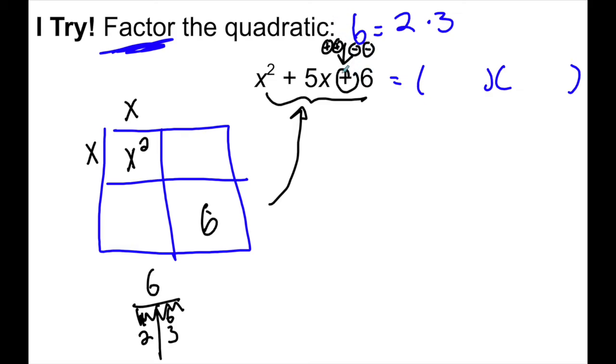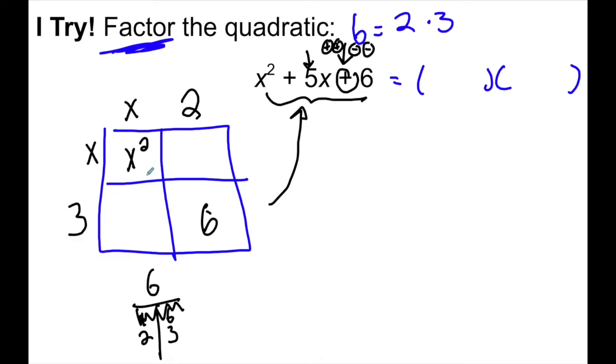But I also have to add those numbers to get the b value. And if the b value is positive, well, two negatives are not going to add to a positive. Two positives will. So that's how I know that I'm choosing a positive 2 and a positive 3 rather than a negative 2 or negative 3.